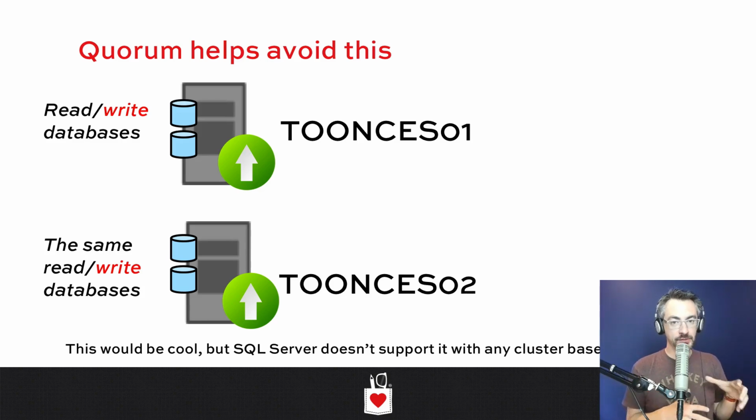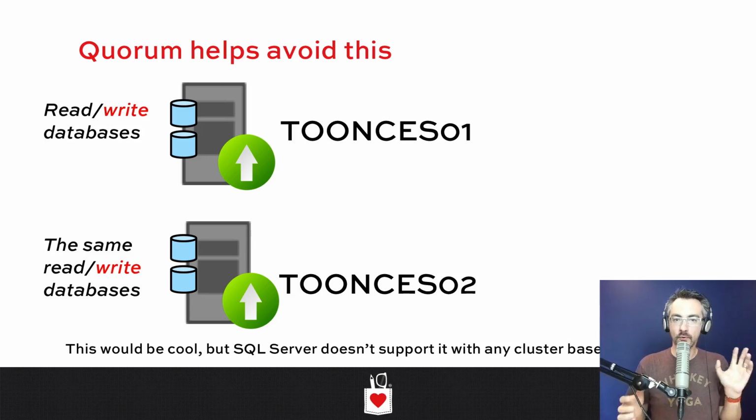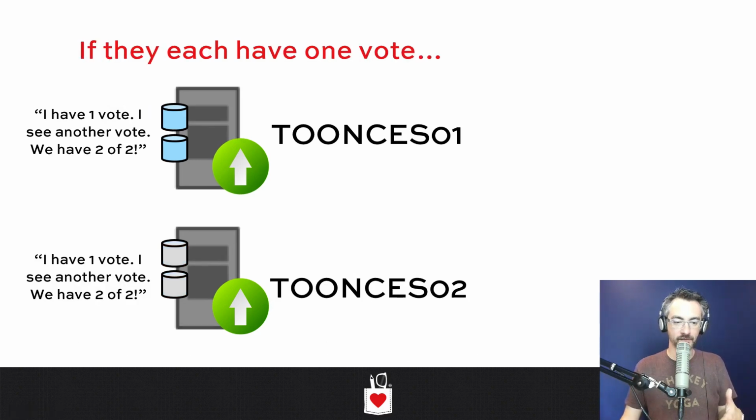I can't have Toonsis 01 saying, I'm the primary, at the same time Toonsis 02 says, I'm the primary for exactly the same availability group. Oracle RAC allows this. SQL Server doesn't have anything that allows this today. As long as both of these guys have a vote and they can see each other, then they work together to figure out who actually owns the cluster at any given time.